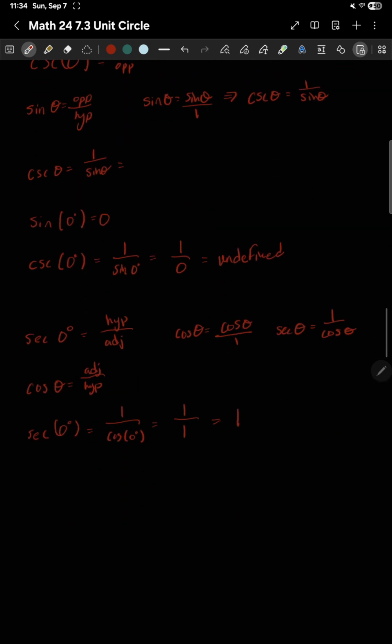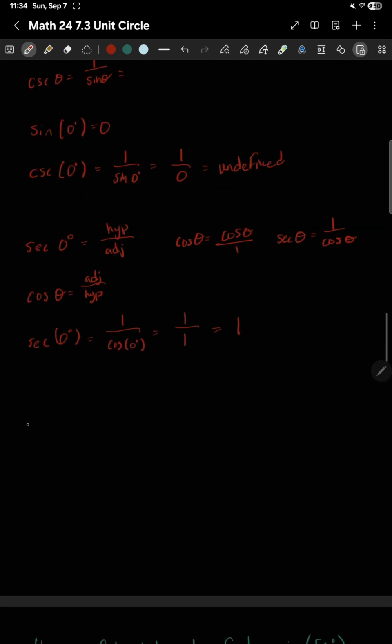And finally, we have cotangent of theta. So cotangent of 0 degrees, and that is equal to adjacent over opposite. And we know that tangent of theta is equal to opposite over adjacent. So tangent of theta is equal to tangent of theta over 1.